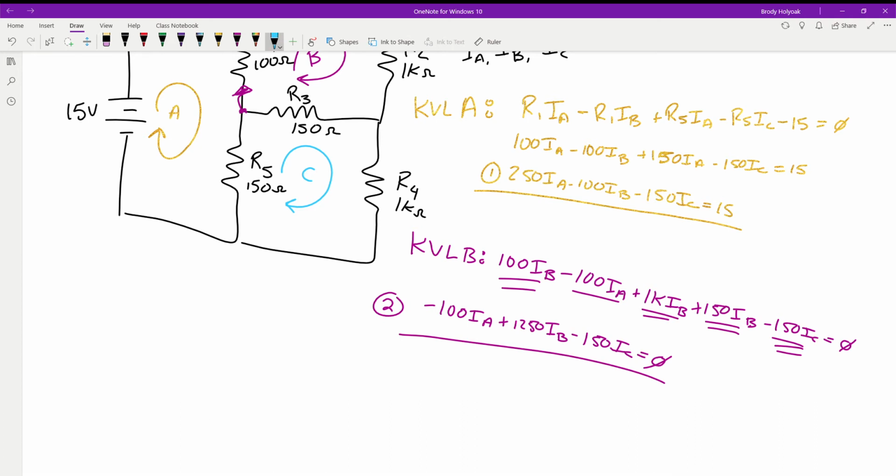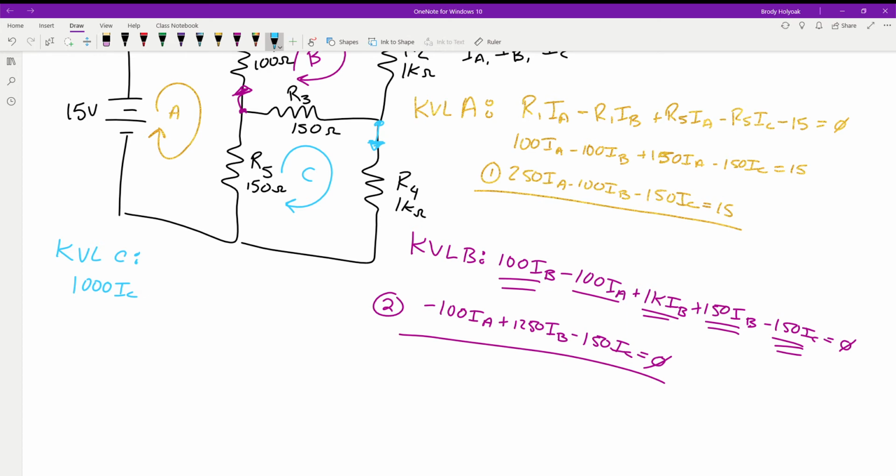Then the last one is the Kirchhoff voltage loop for loop C. We can start anywhere we want, follow the path, come back around. The first thing we have is 1000 IC, which is R4.